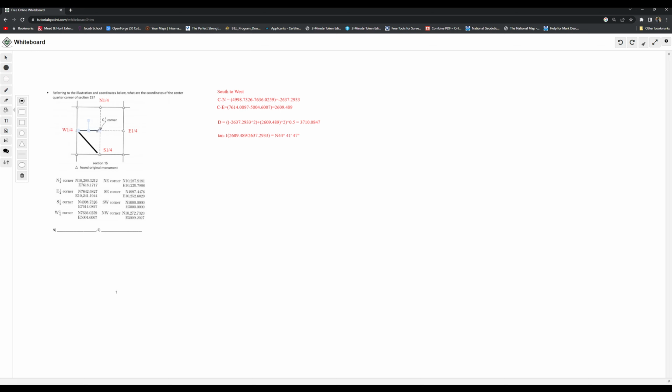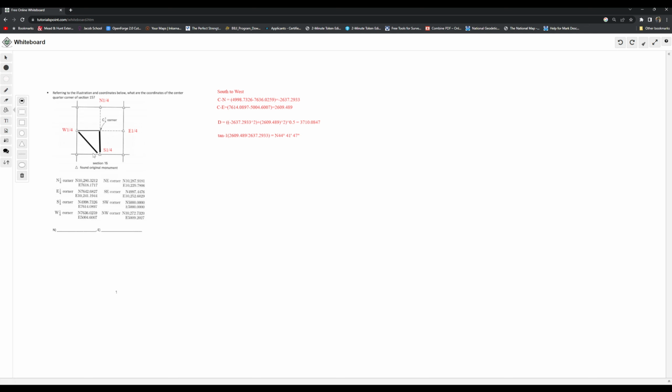Now, we already know this triangle is not going to be a perfect triangle. So we can't just use regular right angle triangulations because we know it's not going to be a right angle.